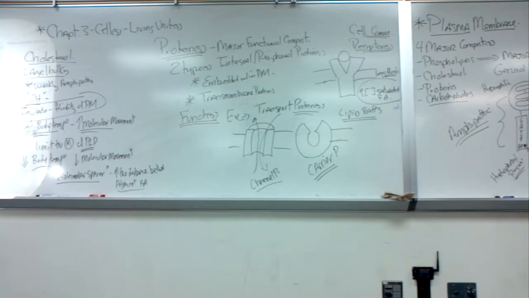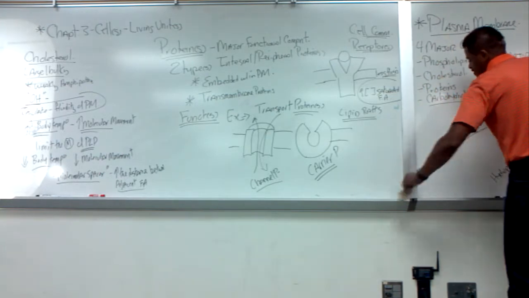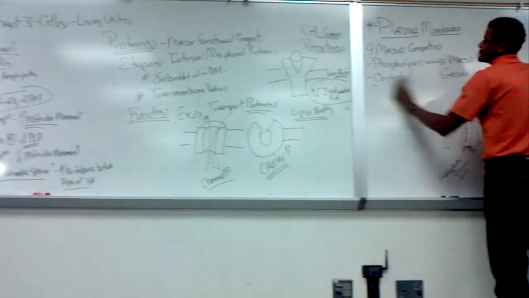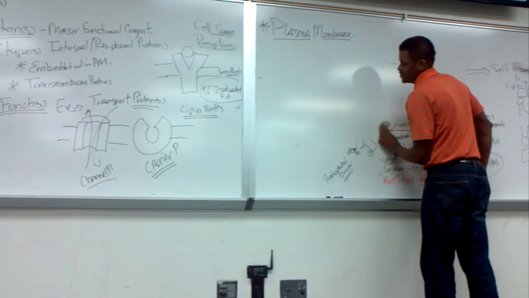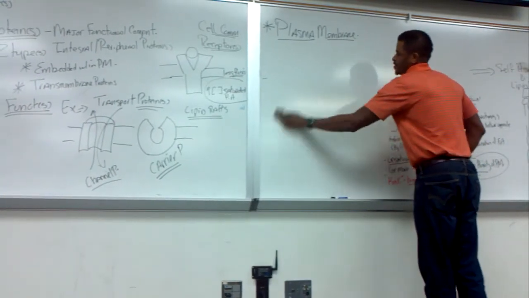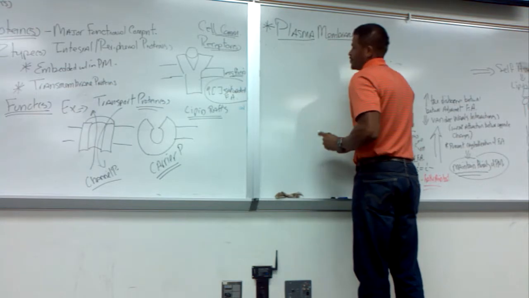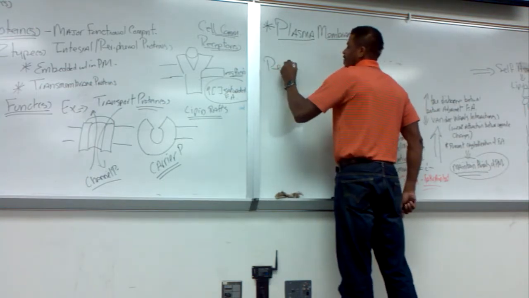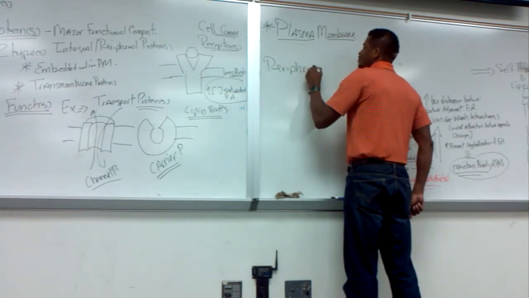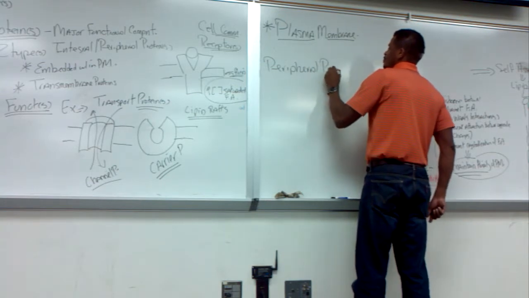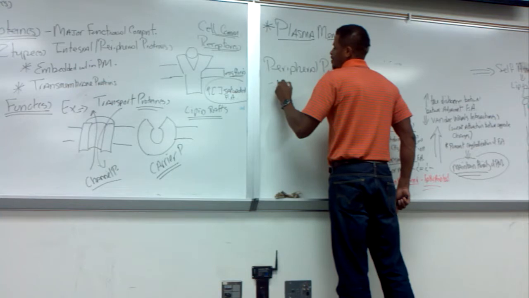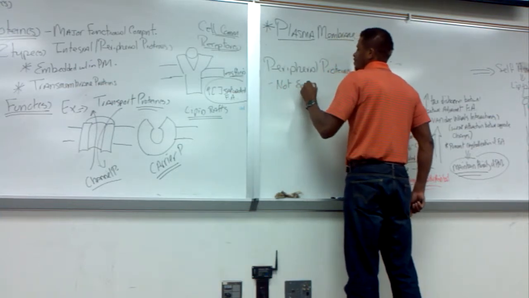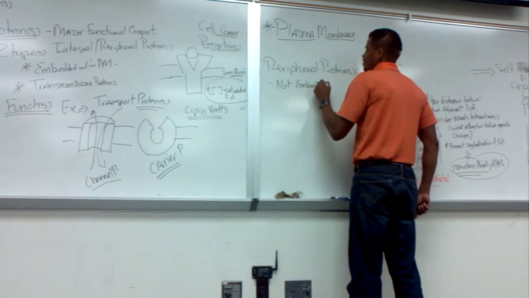Okay with that? Then we have the peripheral proteins. The peripheral proteins are within the plasma membrane. They do not interact with the hydrophobic core. Not embedded within the plasma membrane.